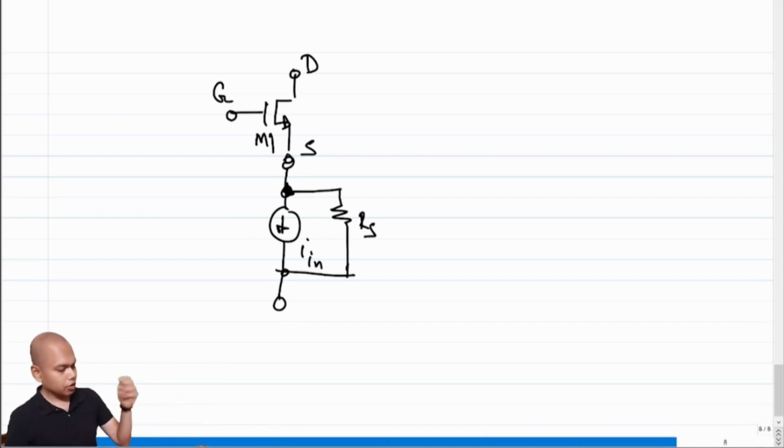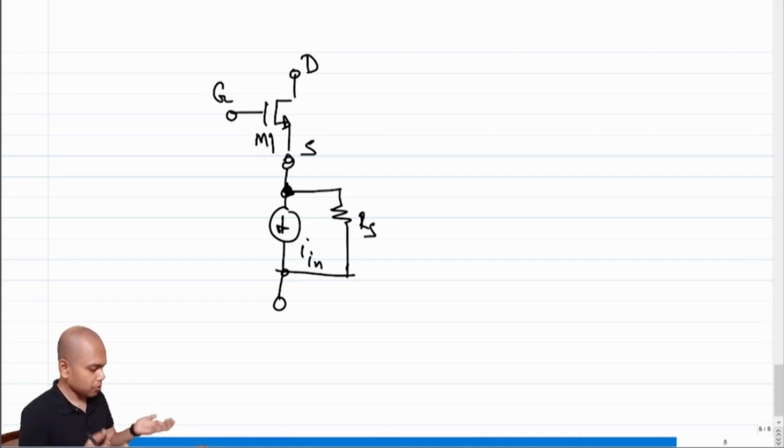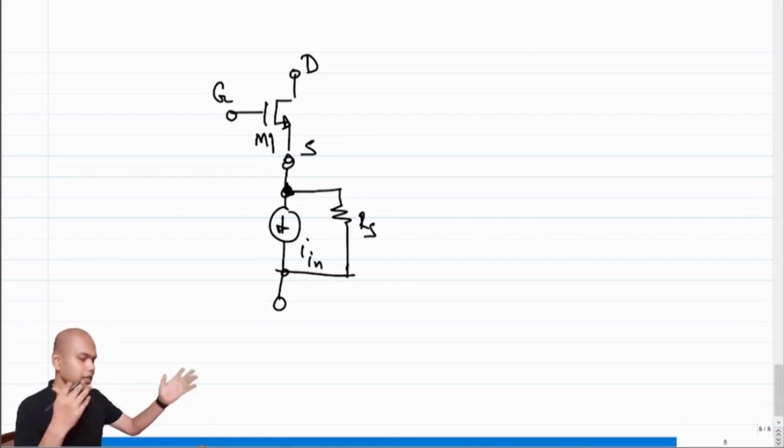Okay, we should connect it to the source of M1. But again, you should at this point turn around and tell me that you told me this is an incremental current source. How can I just stick in an incremental current source? And you would be absolutely right.